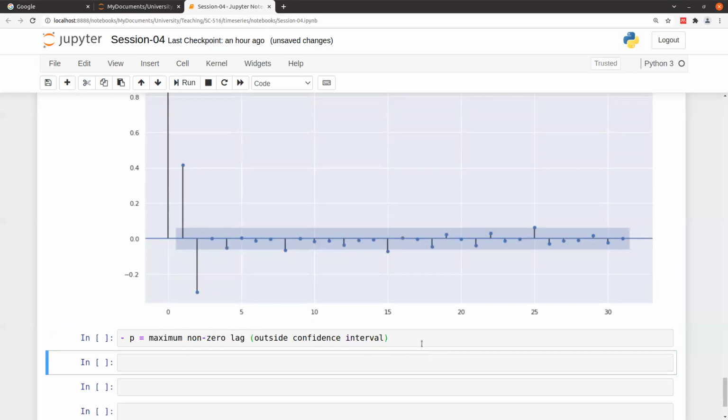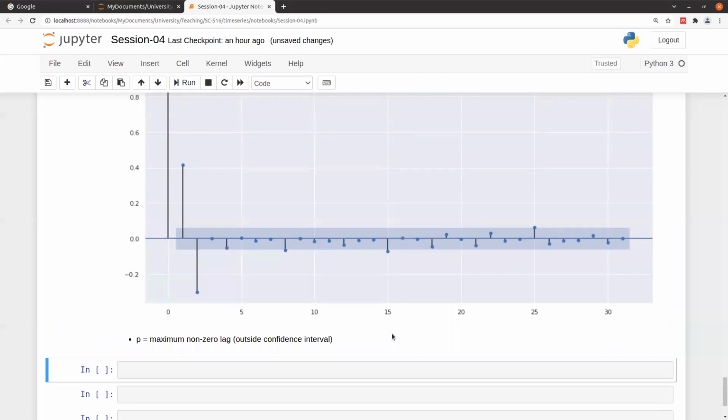It should be outside the confidence interval. This is how you have to select it. It's obvious for the Q value as well, the moving average with the ACF graph. You can play around with these two values, but most probably it is better to select this maximum non-zero lag value in both scenarios, right?